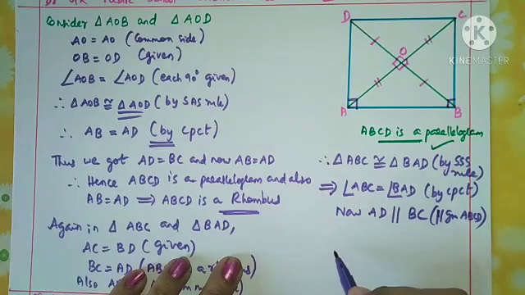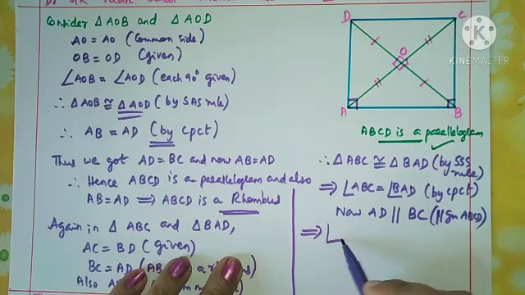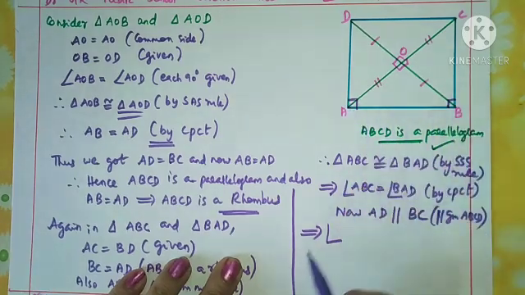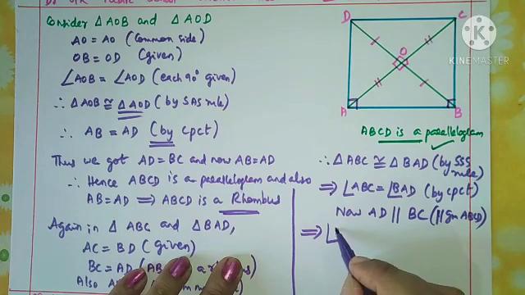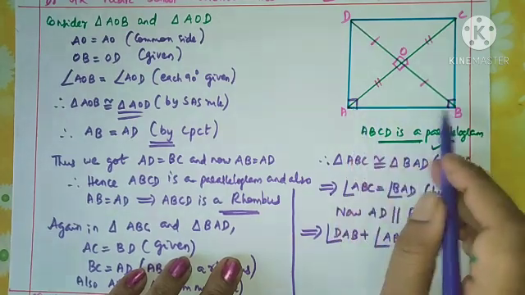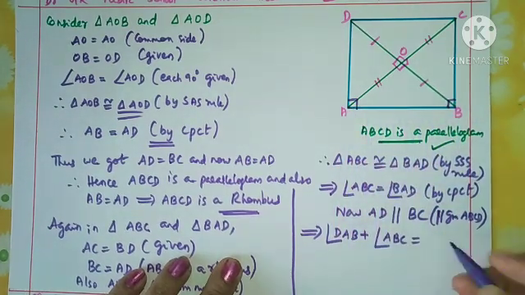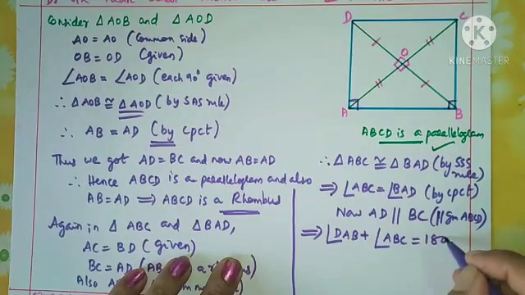So can you say that this implies, what is the sum of these two angles? Angle DAB plus angle ABC. They are adjacent angles of a parallelogram. One of the parallelogram properties: adjacent angles are supplementary.